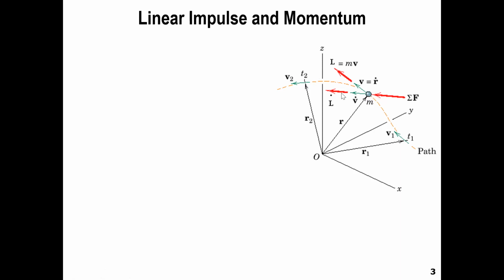That's all definitions we had. The time derivative of v, which is v dot, is the acceleration. And this vector, v dot times mass, is going to be force. So technically, this vector and this vector are in the same direction. This part tells you summation of forces equals ma, which is m v dot.